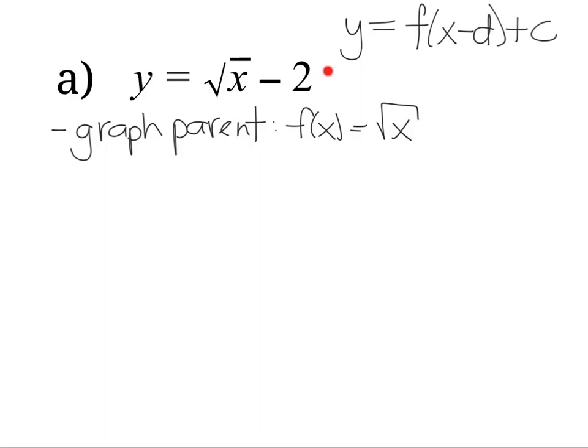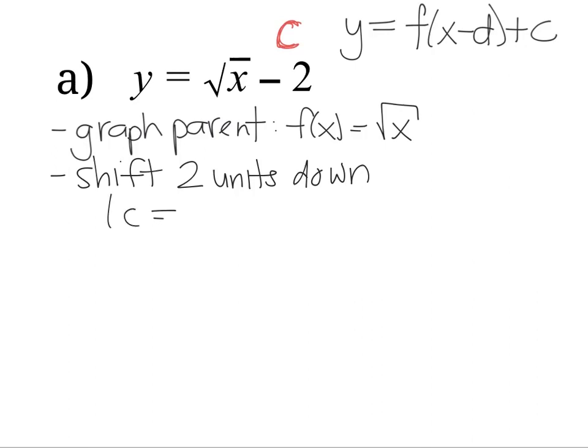But since it is outside of the square root, so it's outside of the function itself, it is our C value, so it's affecting the y coordinates. So go back to your rules for C. If C is negative, we know that it's going to shift the parent function 2 units down. So that's what we're going to write. We're going to shift every point 2 units down, and our C value we know is -2.